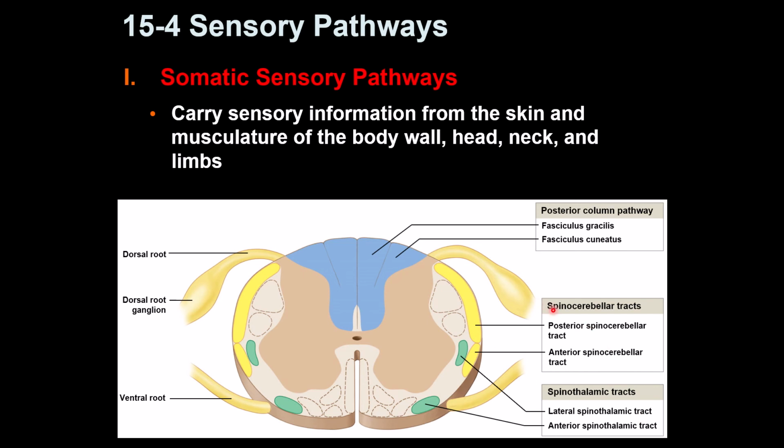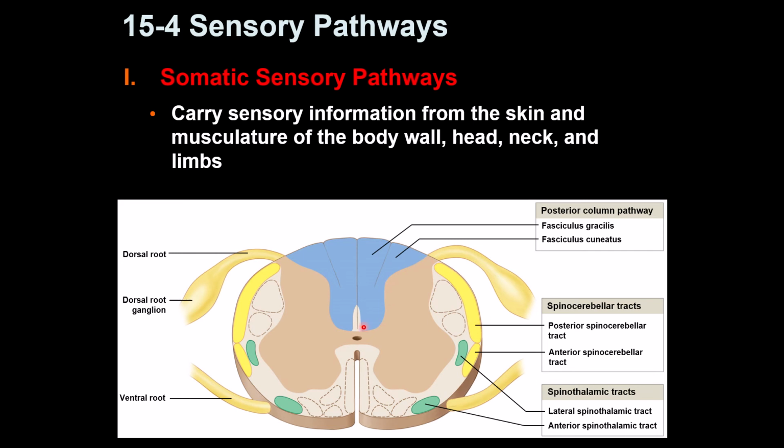There is a spinocerebellar, which means from the spine it goes to the cerebellum. There are actually 4 of these, but your textbook mentions only 2 of them, so I just talk about those 2. One is the ventral or anterior one, and the other one is the posterior or dorsal spinocerebellar tract.